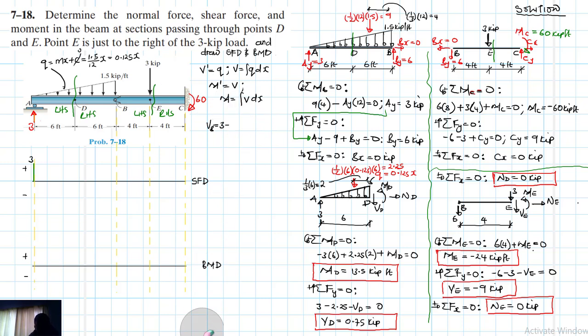It's 1.5 by half by 12. So our VB is just going to be equal to 3 minus 1.5 by 12 by 0.5. So this gives us a minus 6.